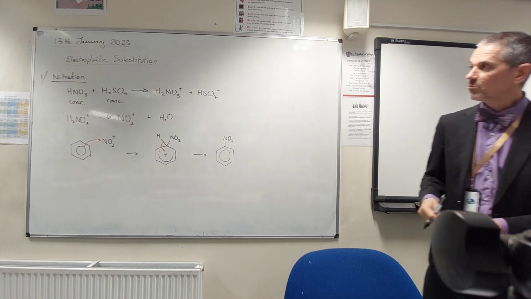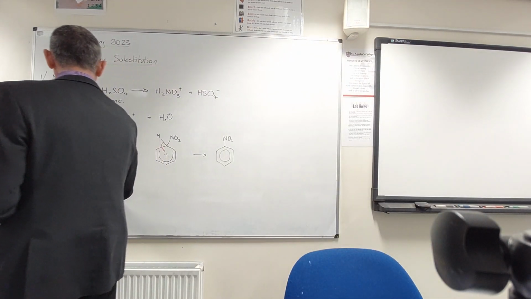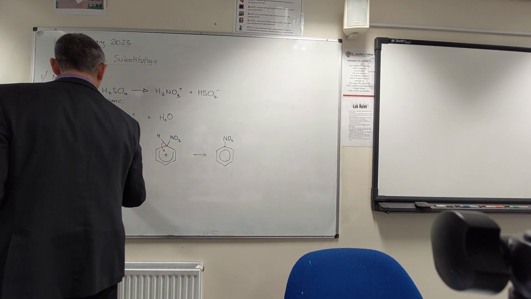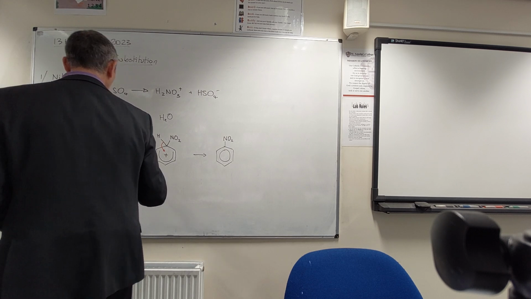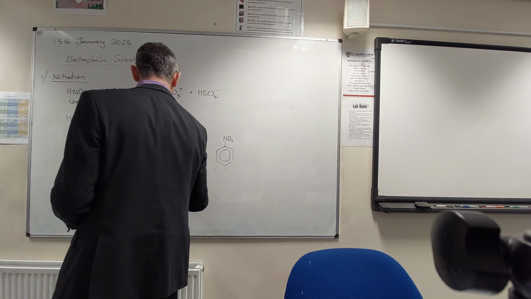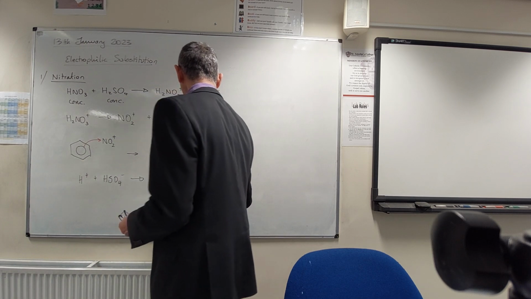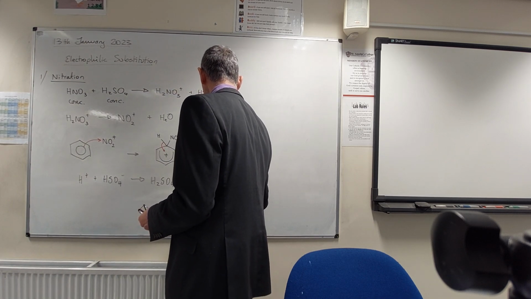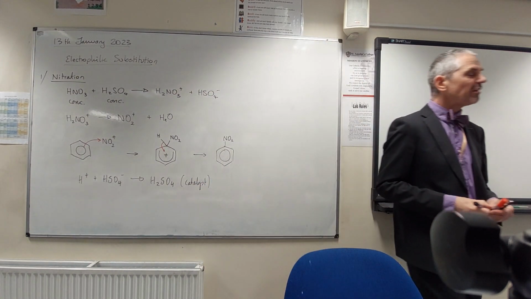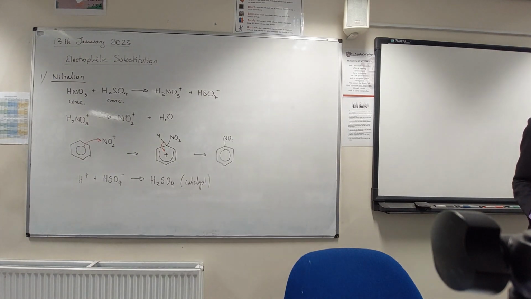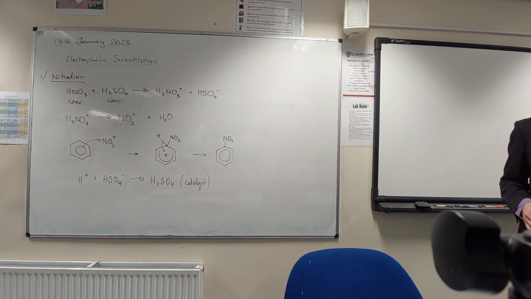And we've released H+, and the H+ can then combine with HSO4-, remaking the H2SO4, and because that's been reformed, it's catalytic. We're never going to run out of sulfuric acid.